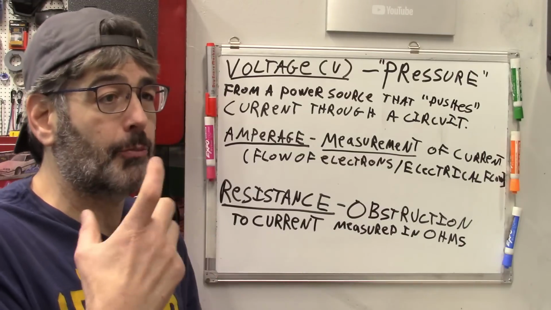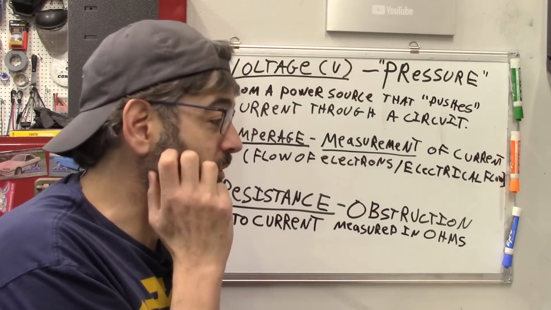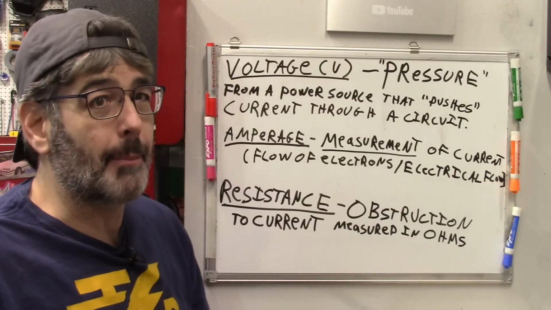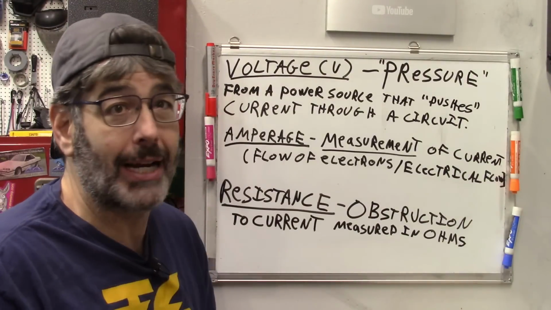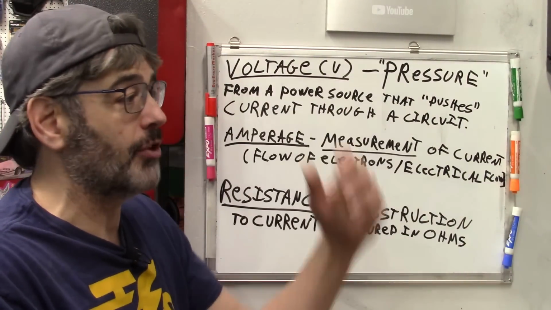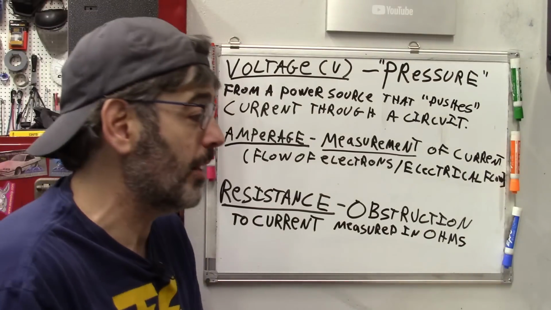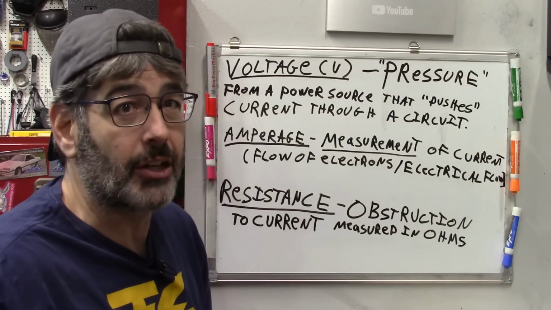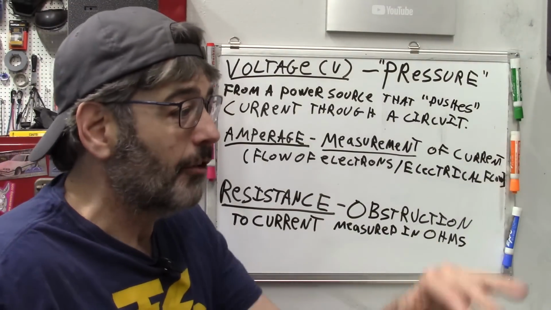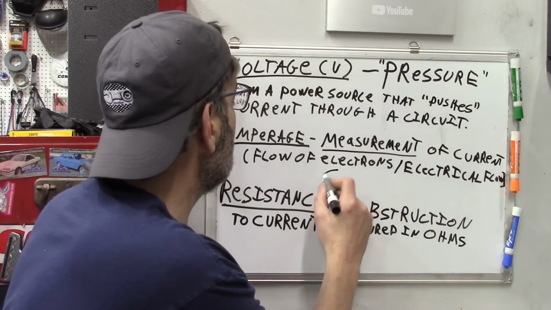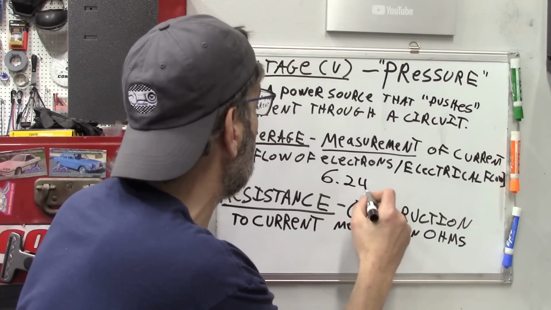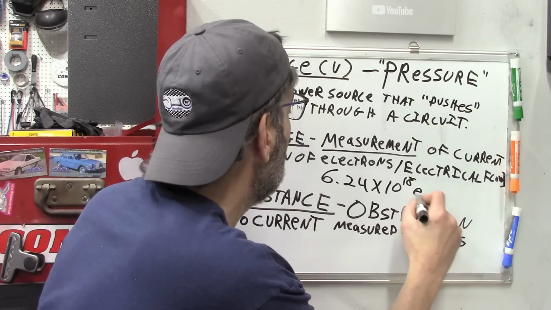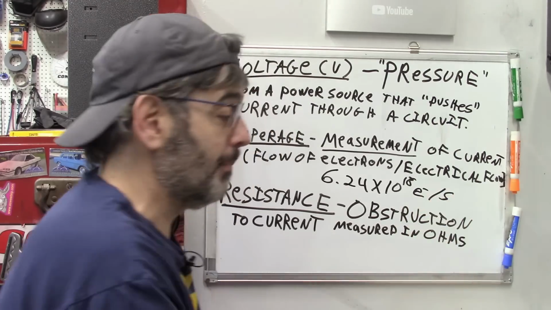An amp is a specific measurement, and in my background there's a couple of fancy numbers that are burned into your brain forever. One of them is Avogadro's number, 6.02 times 10 to the 23rd. Another one, I don't know if these guys are getting into coulombs and getting really specific, is 6.24 times, I think it's 10 to the 18th electrons per second.